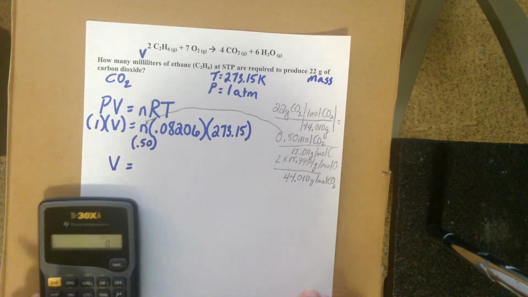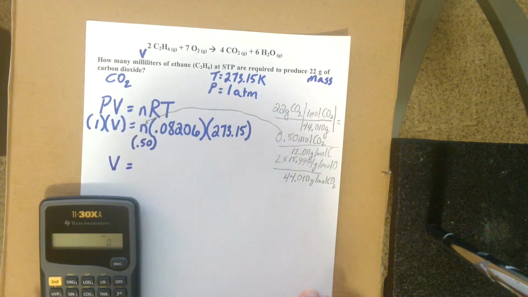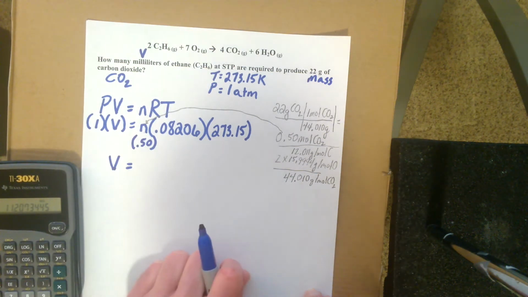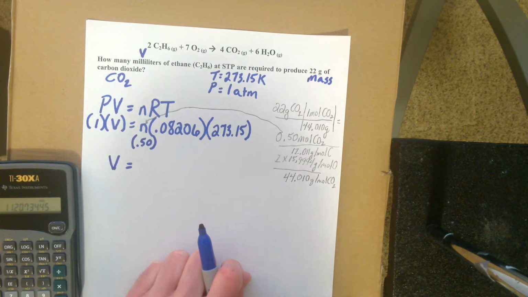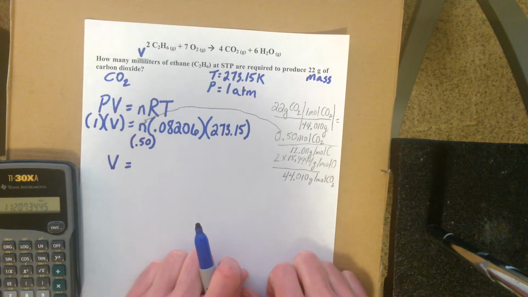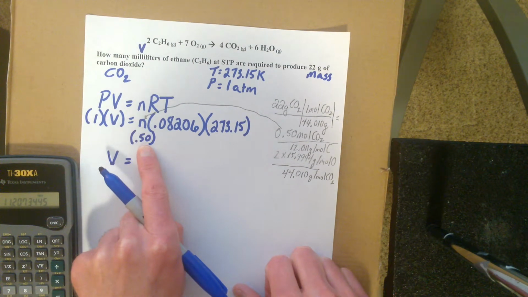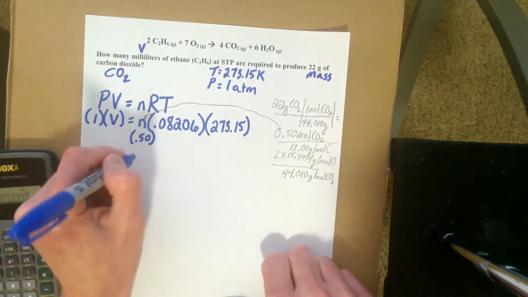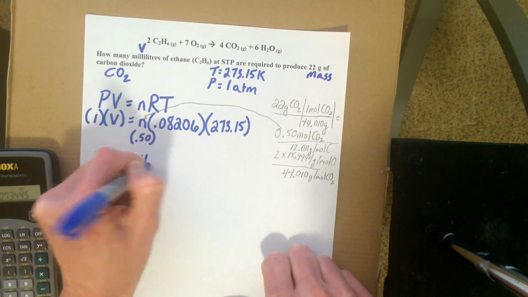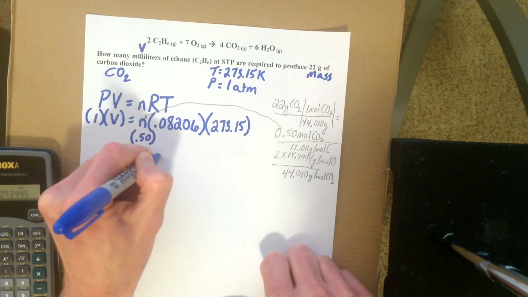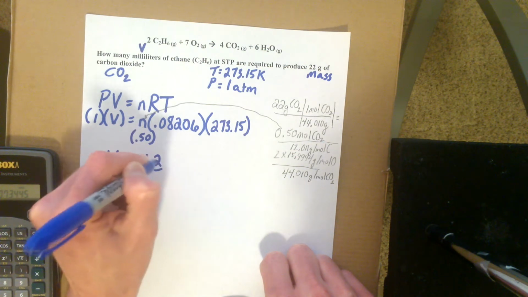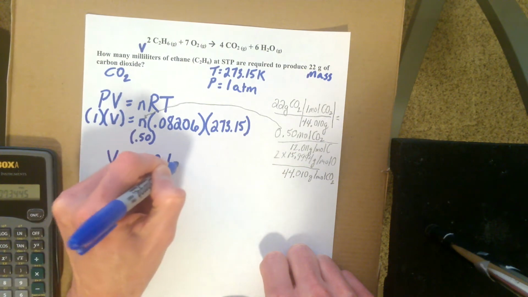Remember, this is standard temperature and pressure conditions, 0.5 times 0.08206 times 273.15. We come up with, again, I'm going to go 2 sig figs because the 1 atmosphere is a standard value. I'm taking my 2 sig figs off of this 0.50. So I have 11, and if I wanted to carry a decimal, 11.2, but that's not really there.